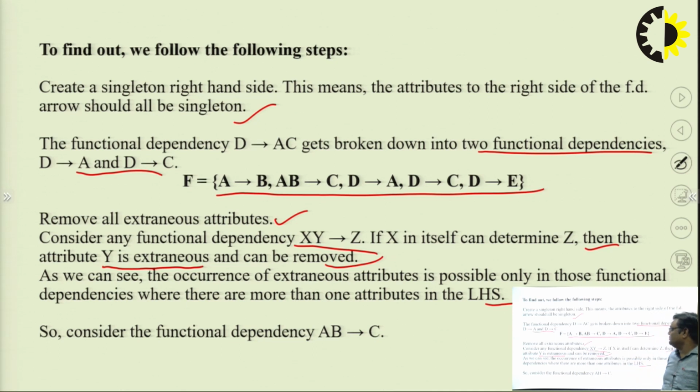So consider the functional dependency AB to C.